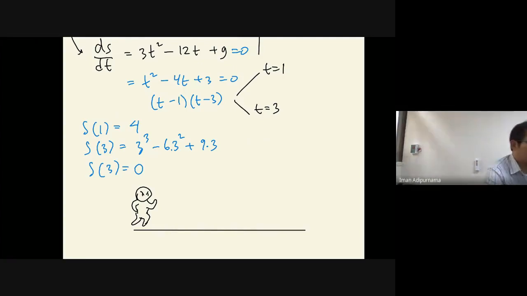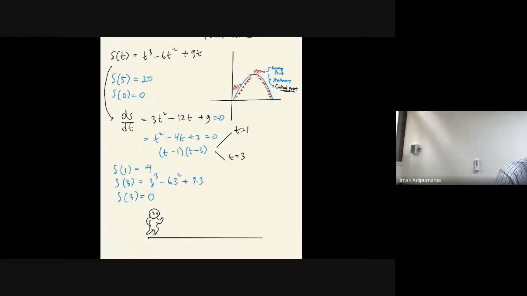It's running. Okay. This is t equals 0. And then when t equals 1, it's 4.